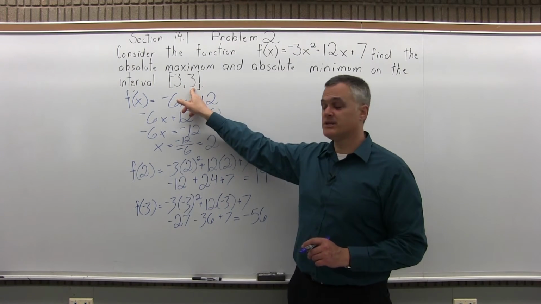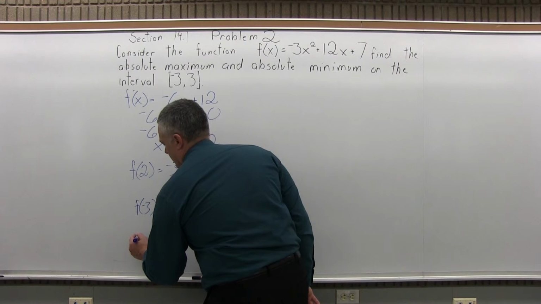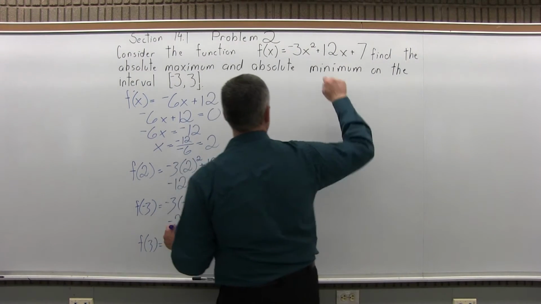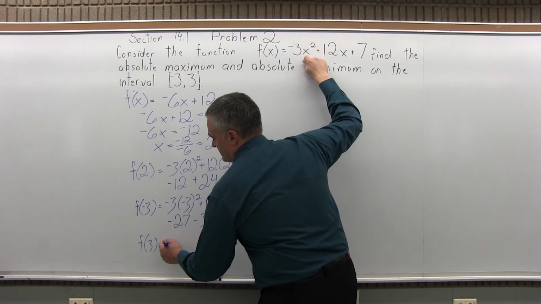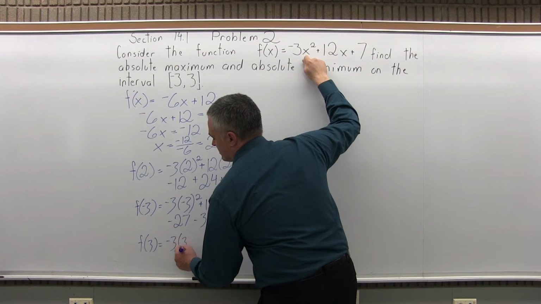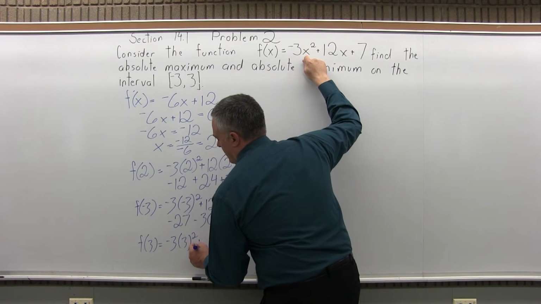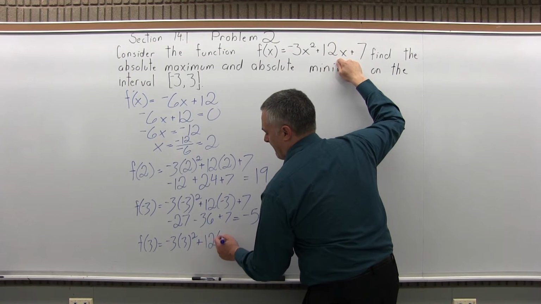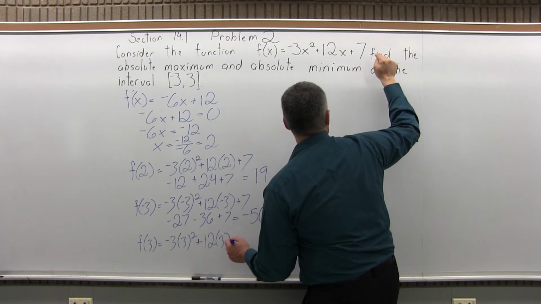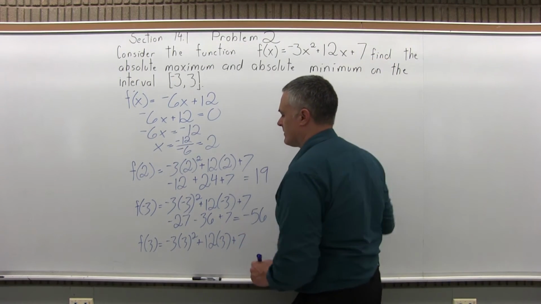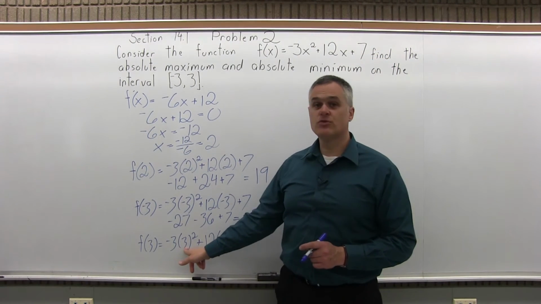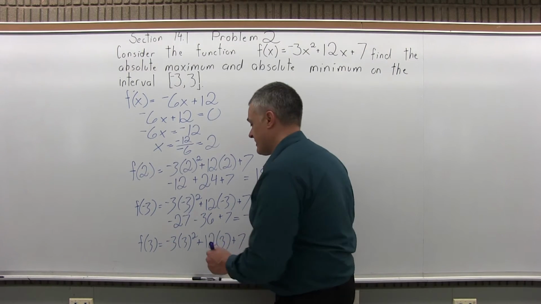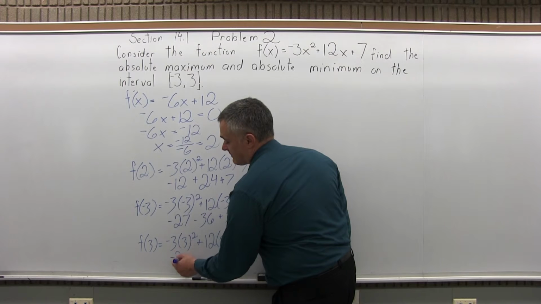Find the height for the positive 3. So f of 3 equals, so negative 3x squared becomes negative 3 times 3 squared. And then plus 12 times x becomes 12 times 3. And I have plus 7. So 3 squared, 3 times 3 is 9, times the minus 3 in front. 9 times minus 3 is negative 27.